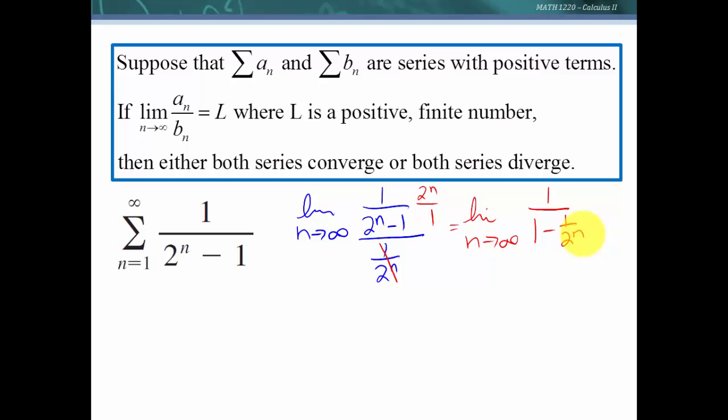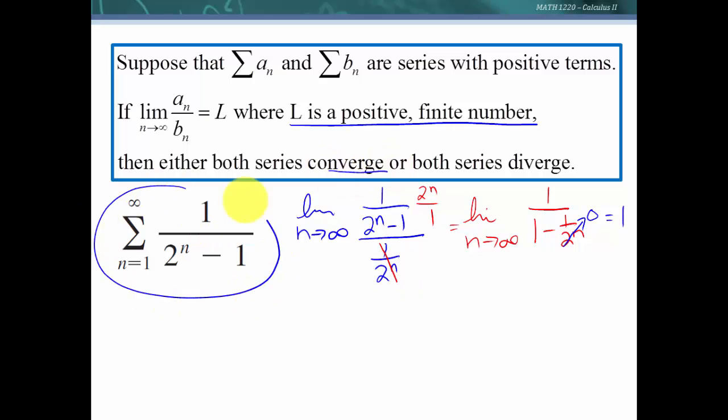And then we know that as n goes to infinity, the denominator of that fraction is going to go to infinity, so that fraction is going to go to 0, and we're going to get a 1 here. Because the limit of this ratio was a positive finite number, and we know that 1 over 2 to the n, our comparison series, converged, so does this series.